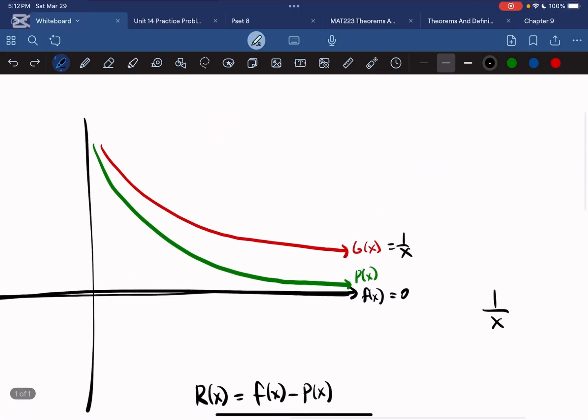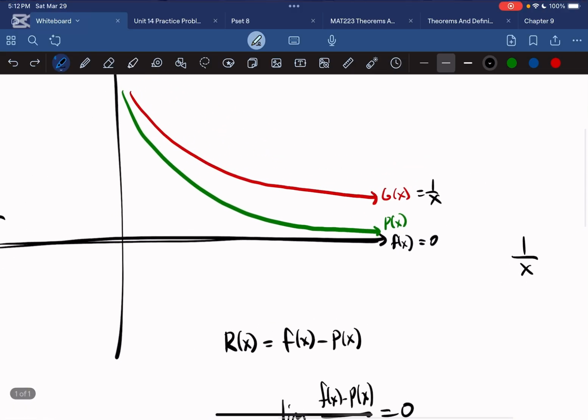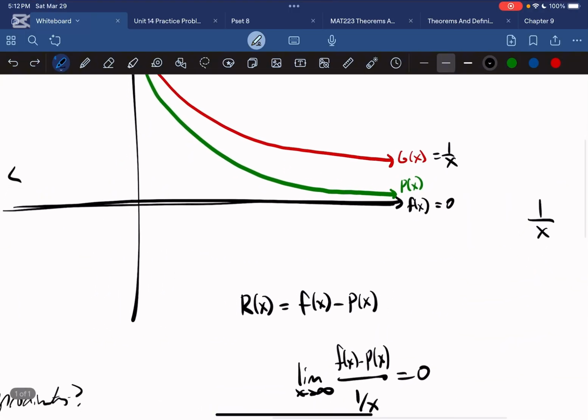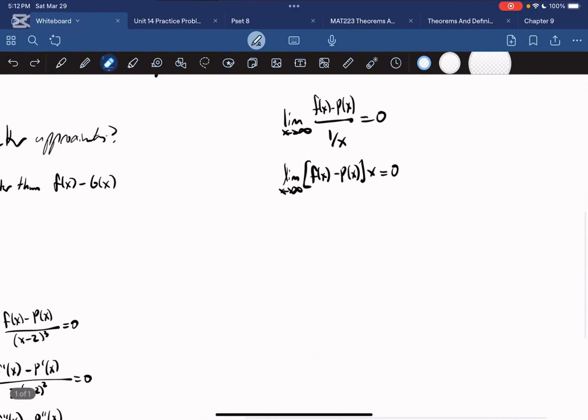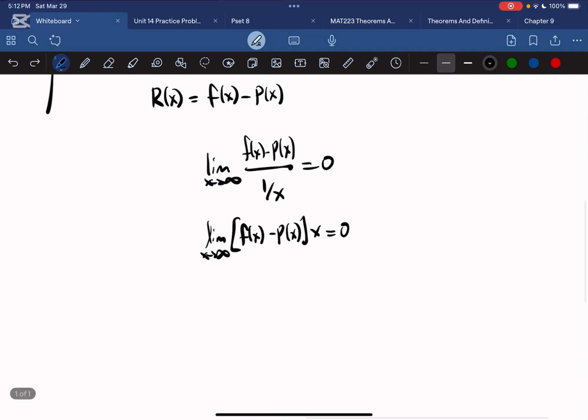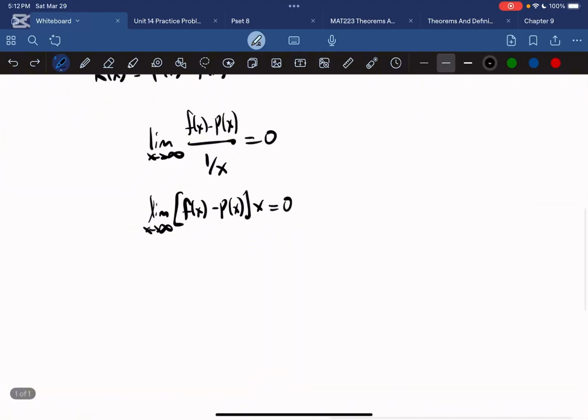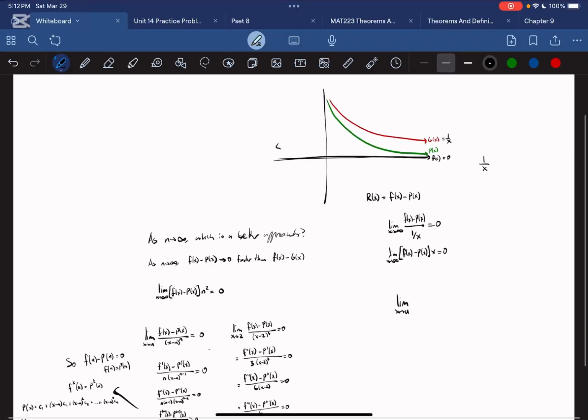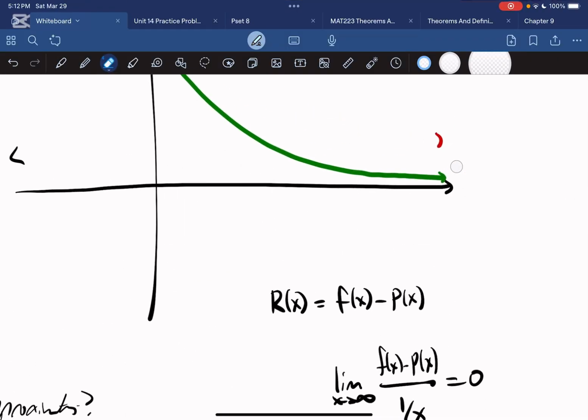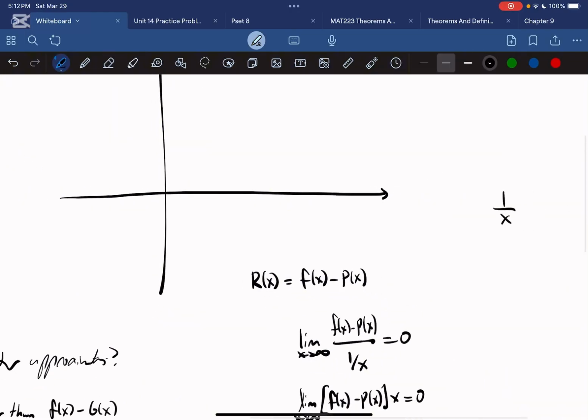But for Taylor polynomials, we're not exactly interested in infinity. In fact, I don't think we can even use Taylor polynomials for x going to infinity. We want to generalize this as x approaches some number a. But the same idea holds. So if we take a look at the equivalent statement as the limit as x approaches a, let's have a different function now. Let's have cos.